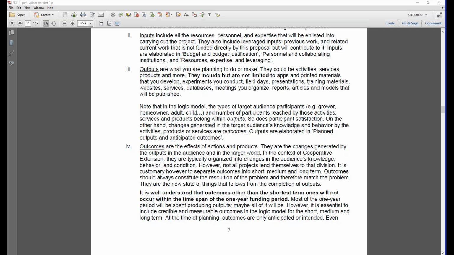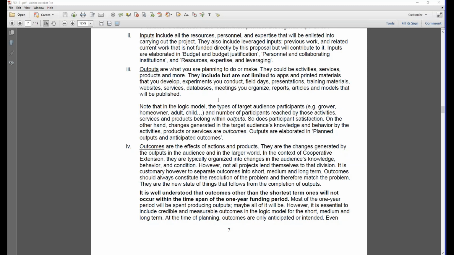So we understand that. However, in order to convince the panel that indeed you will solve the problem you defined, you should provide those outcomes, and the main place for that will be the logic model.